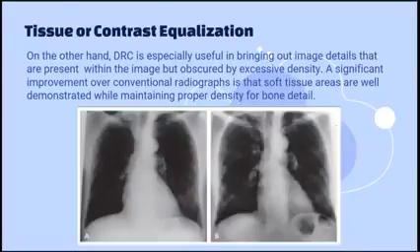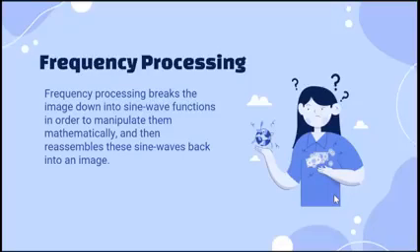And now we go to frequency processing. Frequency processing breaks the image down into sine wave functions in order to manipulate them mathematically, and then reassembles these sine waves back into an image. It is the same as what I did in the video. As you can see, in the video it is just an image, but you can transform it into sine wave functions.